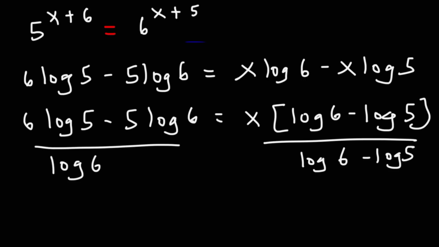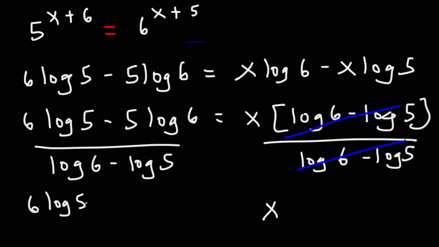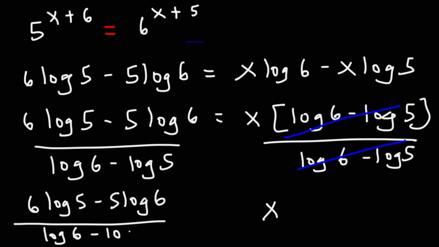Whatever you do to the right side, you must also do to the left side to make sure the equation remains balanced in value. So now what we have on the left is our answer, and that is 6 log 5 minus 5 log 6 over log 6 minus log 5. So that is the exact value of x.